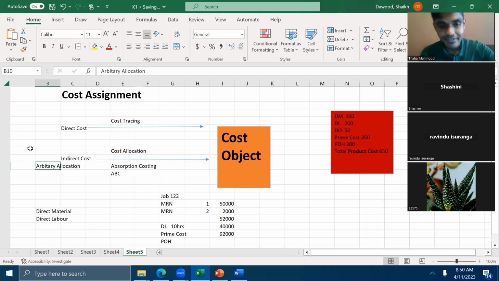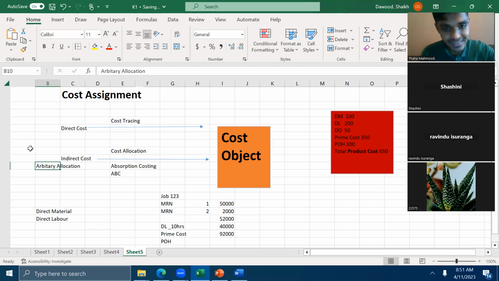I'm assuming you all know this. Direct labor hours is one of the allocation absorption bases when it comes to absorption costing. The reason for incurring rent, electricity, production setups, deliveries is not based on direct labor hours.